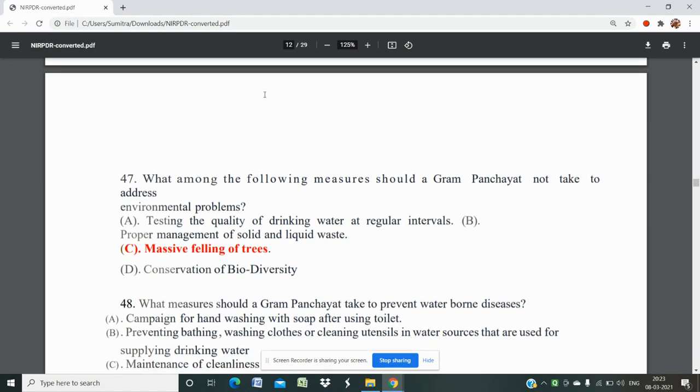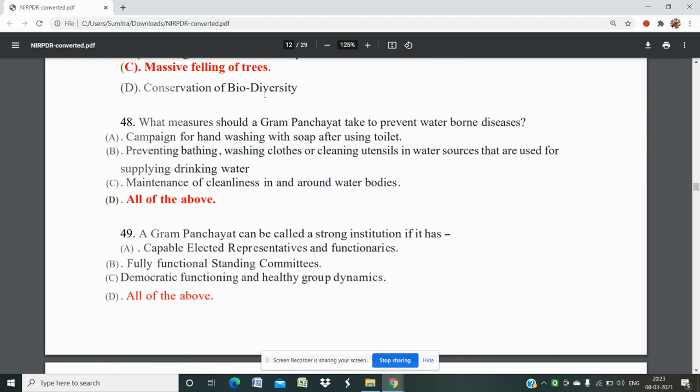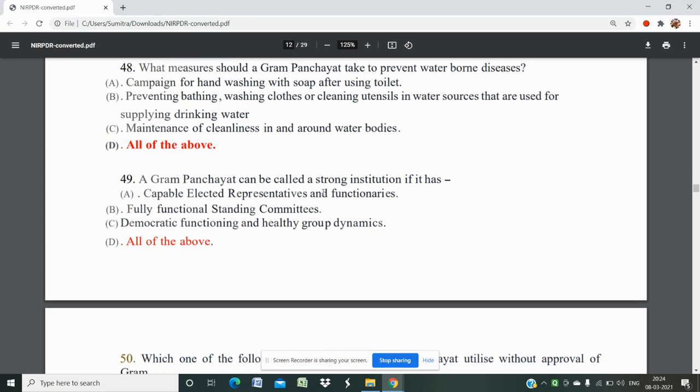Then question number 48, that is, to prevent waterborne diseases. It's called the purview of the role and responsibility of a gram panchayat, what they do at the village level, with drinking water, plantation of trees, education, primary education, etc. Then sanitation, etc. A gram panchayat can be called a strong institution if it has a capable elected representative.